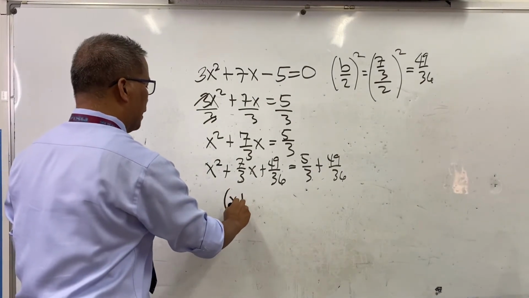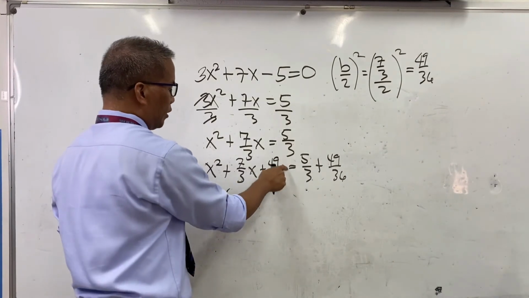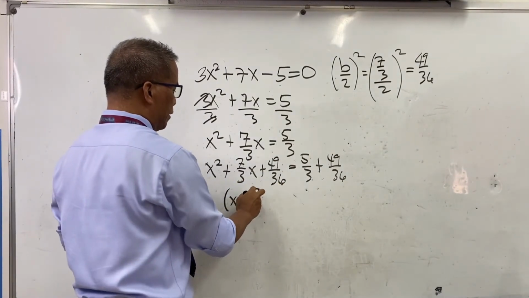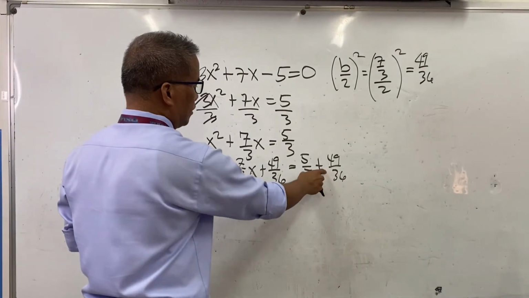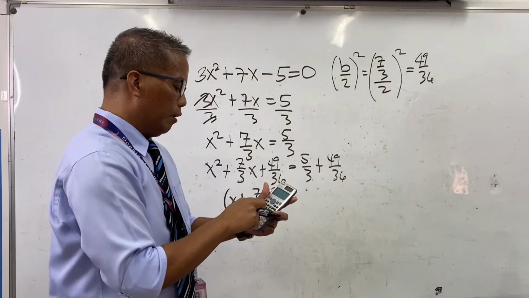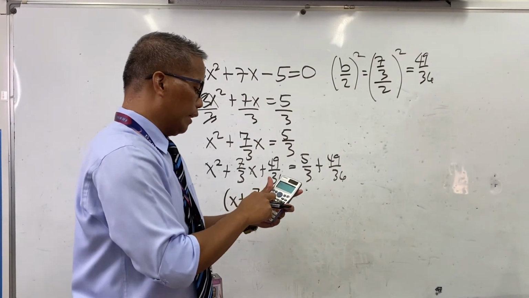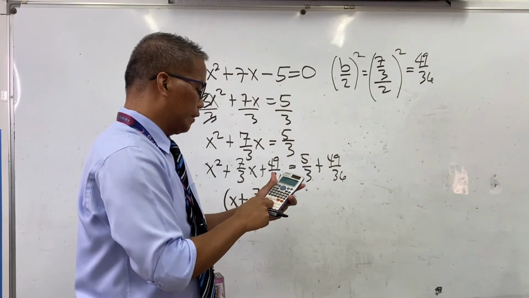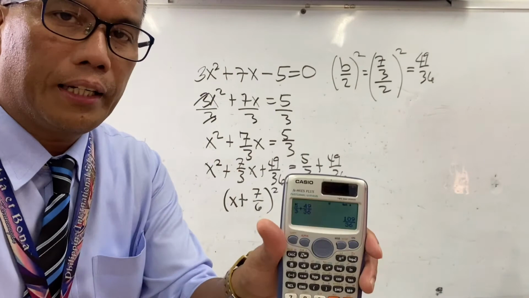So x plus, because the operation here is plus, the square root of 49 over 36 is 7 over 6, then squared equals. So we will add these two: 5 over 3 plus 49 over 36 equals 109 over 36.